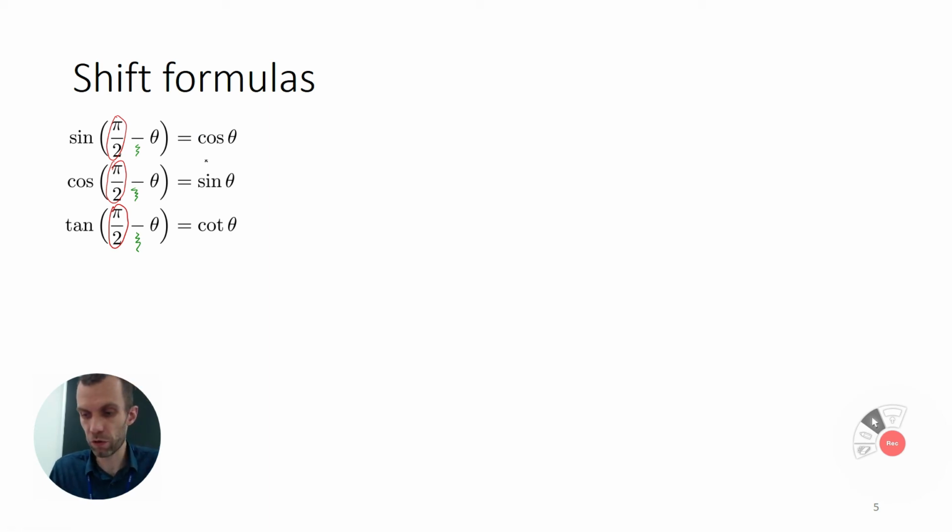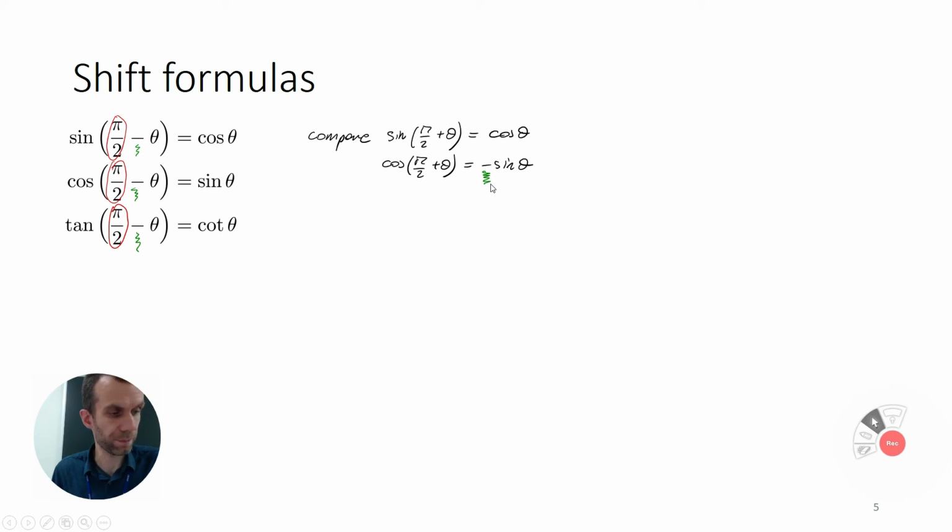So maybe just to compare, what did we have before? When we had plus, then this was still cosine, but we had plus here that turned into minus sign. So here you have to be careful that you get the signs right.